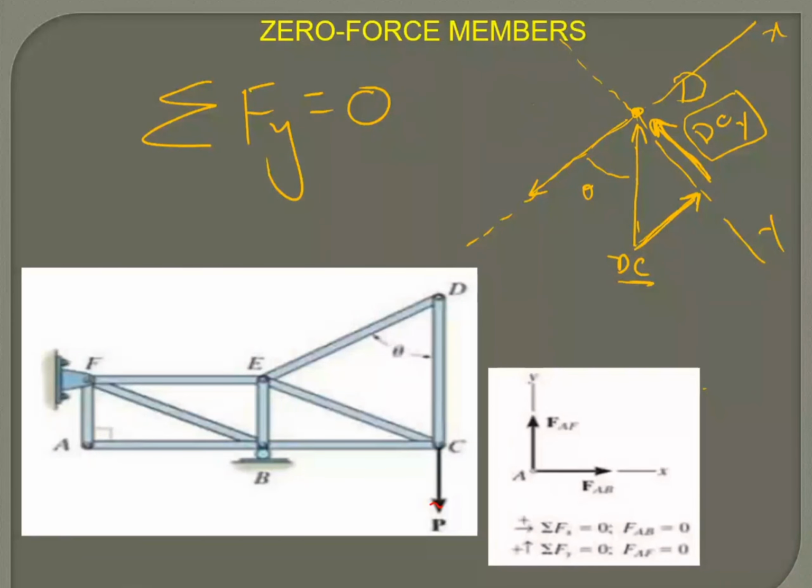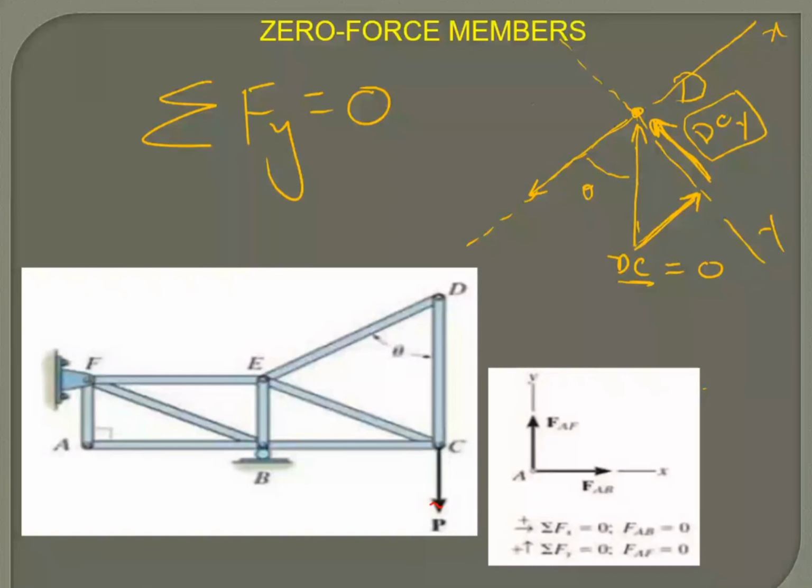Sure? 0. Yes, sir. So which means my DC is equal to 0. Am I right? Yes, sir. So my DC is equal to 0.